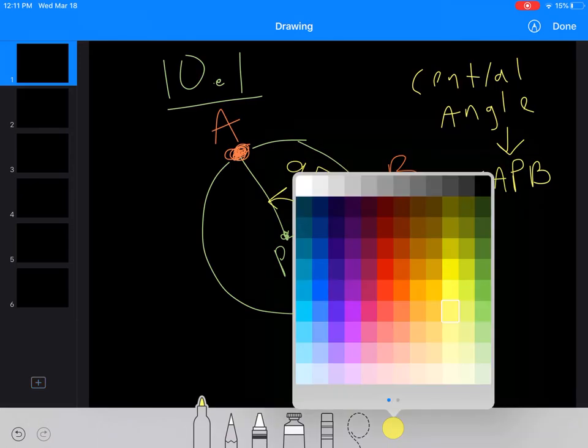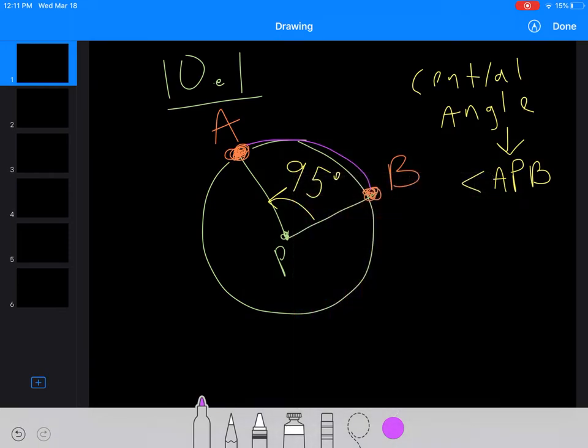Let's use a different color. So from A to B, we're going to figure out that arc measure. Well, the interesting thing about the arc measure is if it goes through the central angle of the circle, the arc measure is the same measure as the central angle.